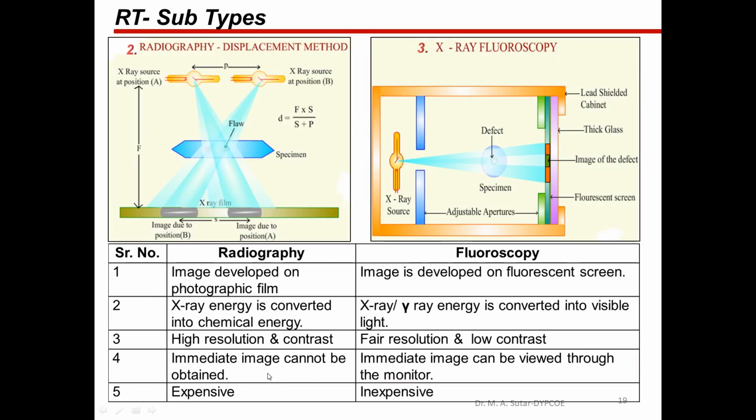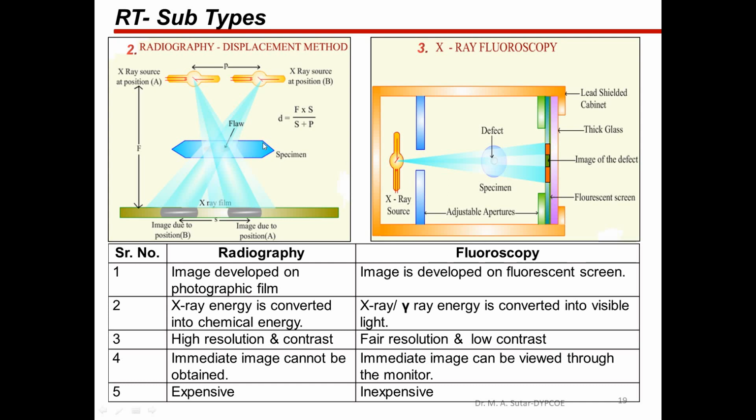There are another two methods in which this RT can be conducted. Instead of using a single exposure, you can expose this material from two different places, and this is known as the displacement method. Again, instead of using photographic film, one can use a fluorescent screen, that is CRT, cathode ray tube, etc., to record the results.